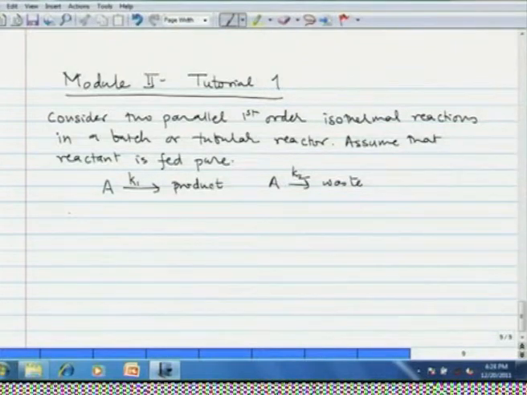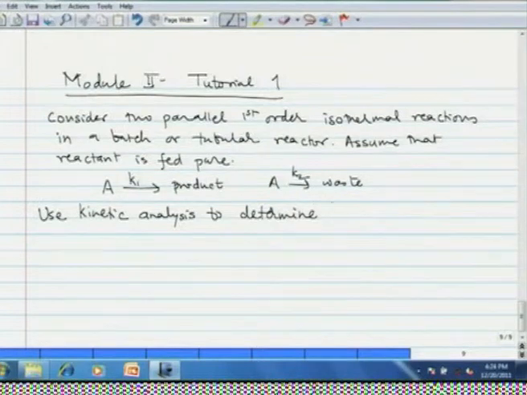And we have to use kinetic analysis to determine the selectivity as a function of conversion.